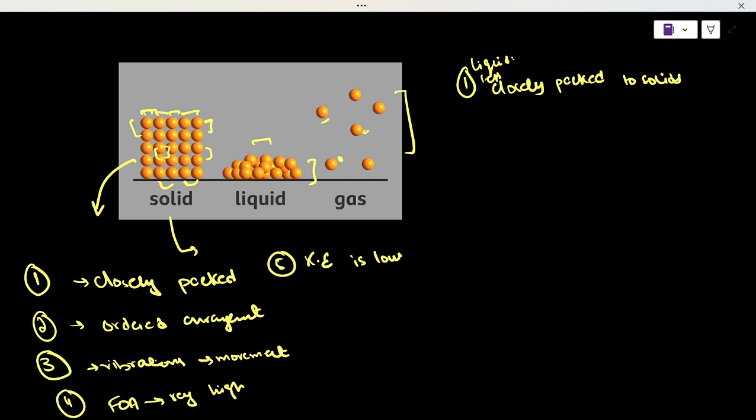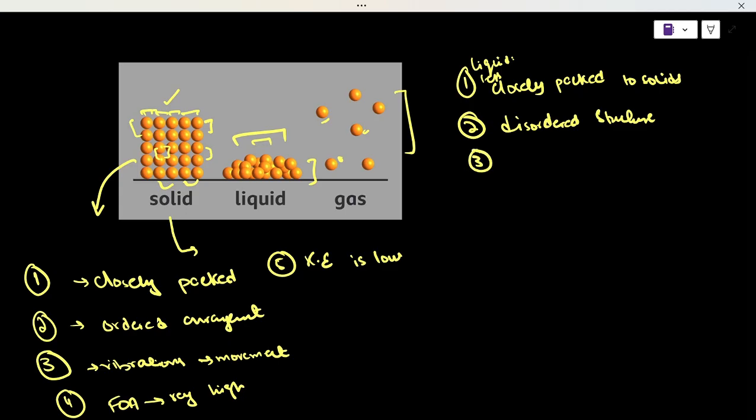Then the next thing is their arrangement. This was a very ordered, very structured arrangement, but this is not an ordered structure. So liquids have a disordered structure. That's the second point.